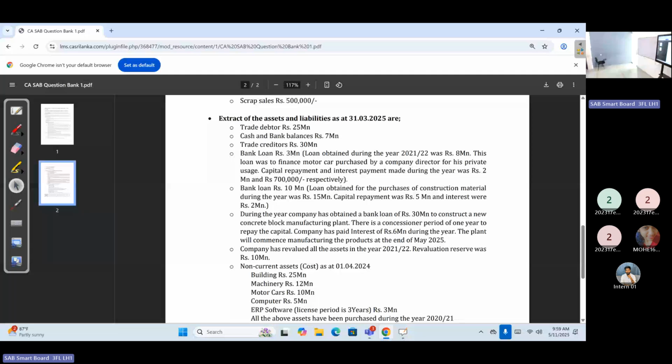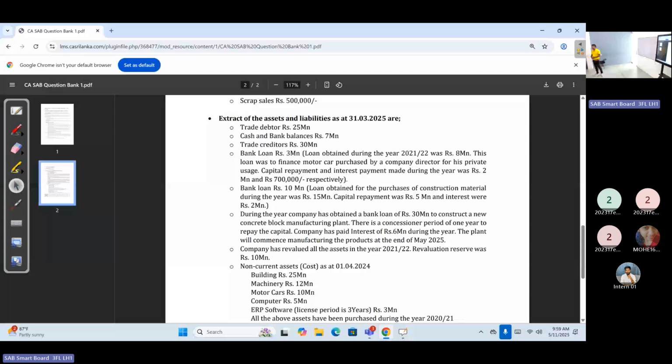Right. Revaluation reserve. Actually, revaluation is a reserve, so we mean reserves other than the revaluation reserve.